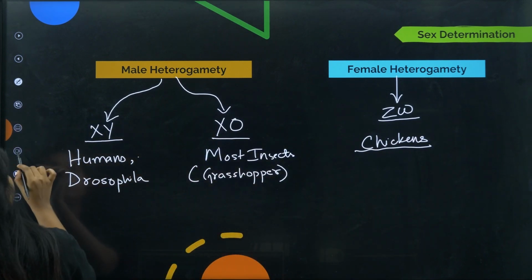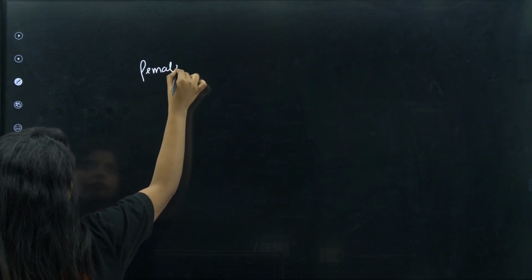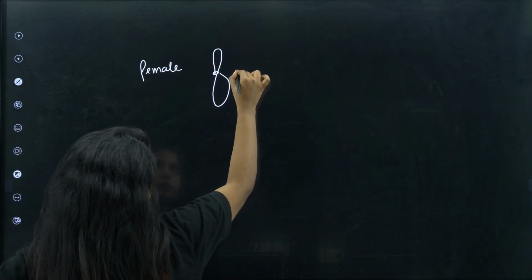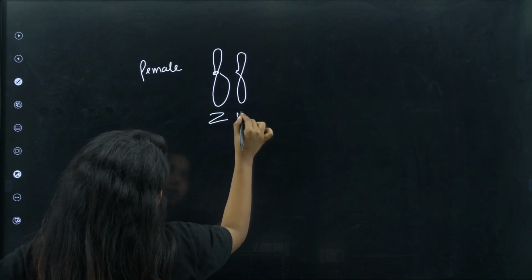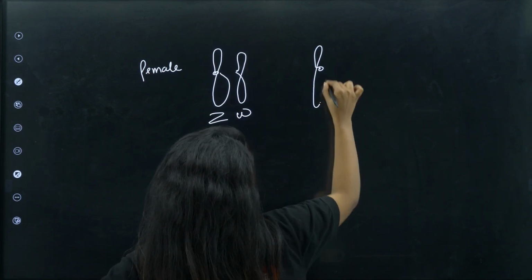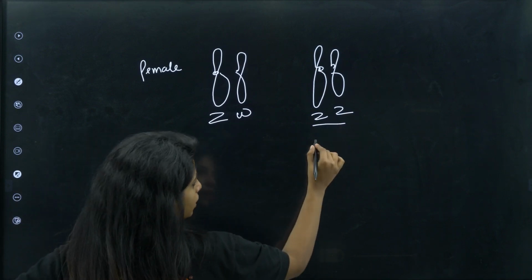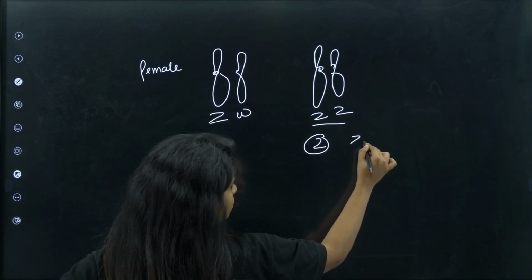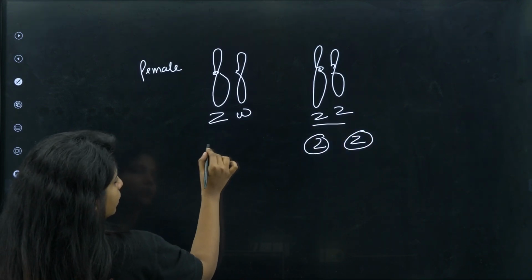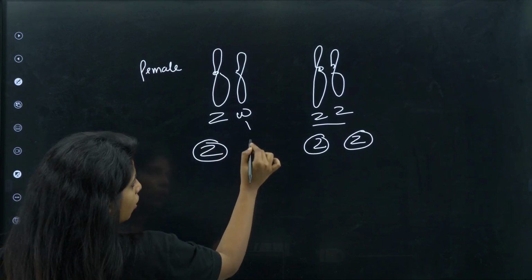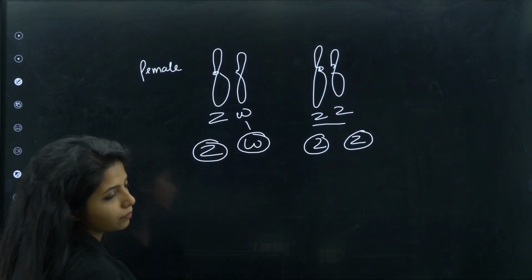Now, over here the female is heterozygous, so now I am making female. Female is either Z or W, but on the other hand, the males will be ZZ. So these are homozygous. Now this can have either this gamete or this gamete. Either way, it's the same thing. Similarly, over here also, either it can be this or it can be this, children.